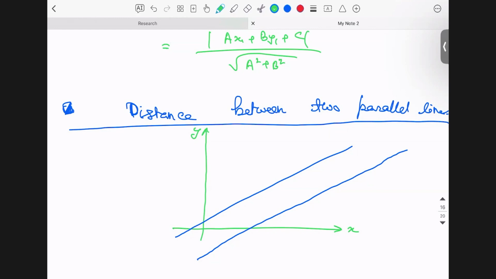Now, what is the distance between these two parallel lines? These two parallel lines will be like this. These are the distance between two parallel lines.